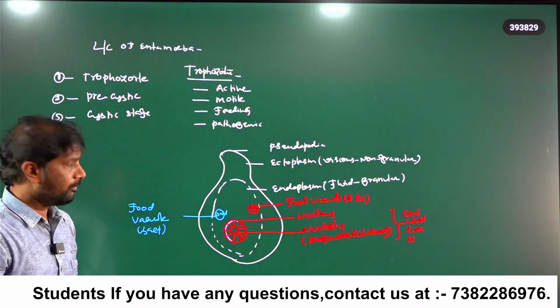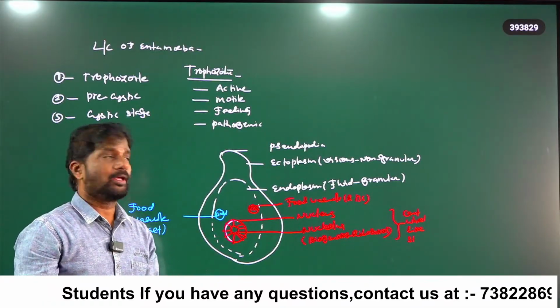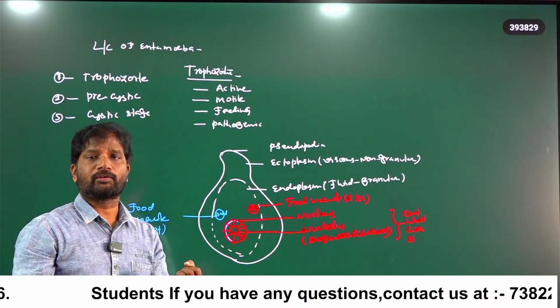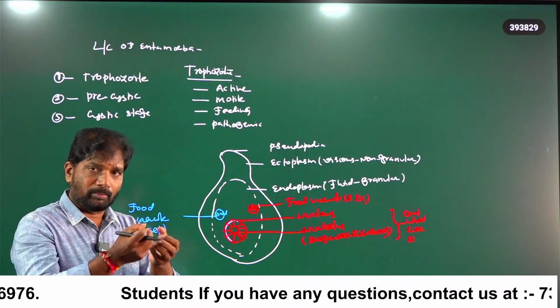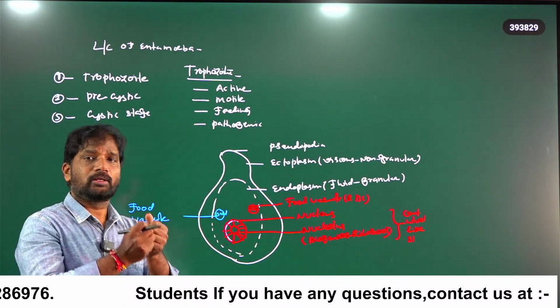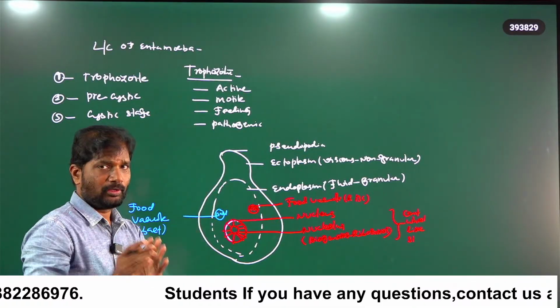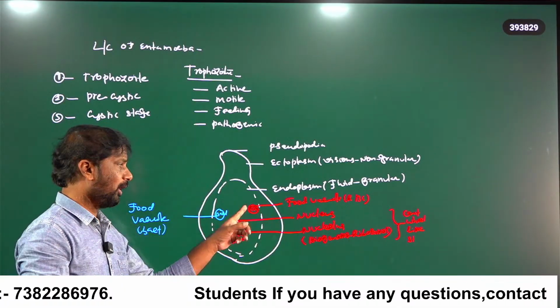So why are the food vacuoles rich with RBCs? Because this pseudopodia ingests the mucosa and submucosa of the large intestine. At the time of ingestion, blood oozes out, and that blood is ingested by this trophozoite stage. So that's why the food vacuoles are rich with RBCs.